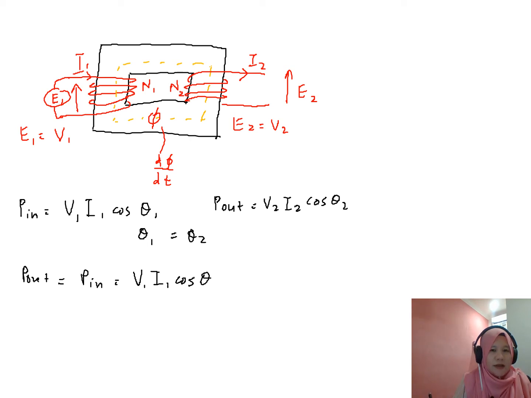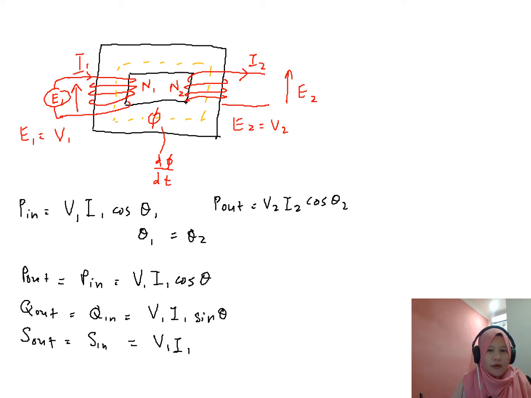And similarly for the reactive power, Q out is equal to Q in, which is equal to V1 multiplied with I1 multiplied with sin theta. And for the apparent power, S out is equal to S in, which is equal to V1 multiplied with I1.